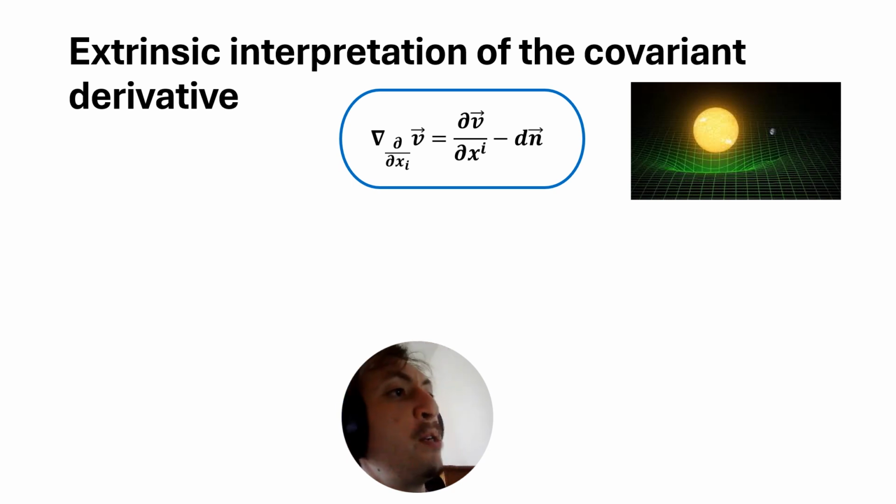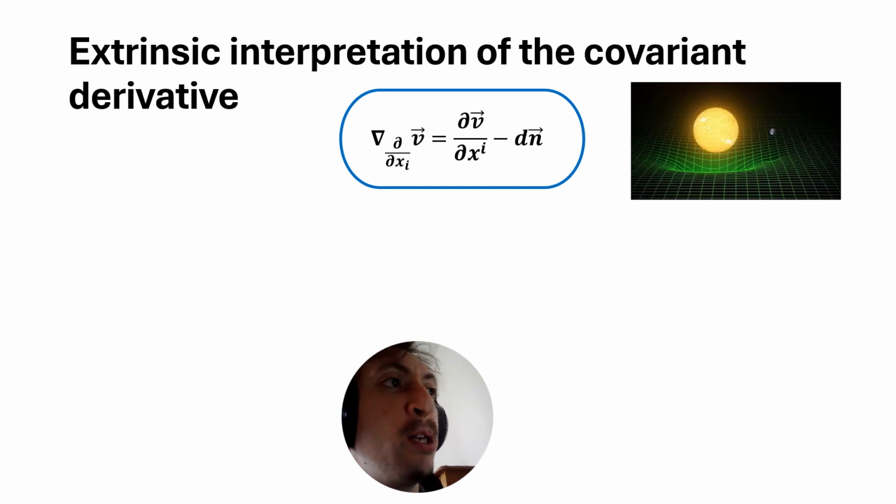itself. Because if you're living on the manifold, the only aspects of the change of the vector you can deduce are the changes that lie tangent to the manifold, so lie along the manifold.